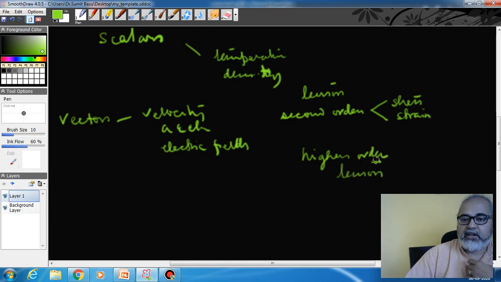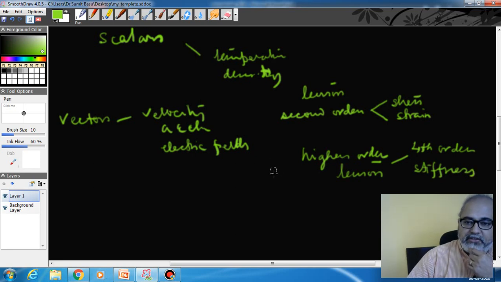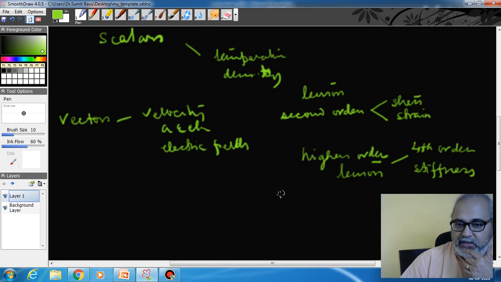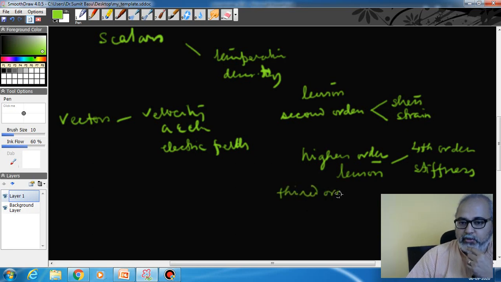Mostly the examples that we will encounter are of fourth order tensors, and elastic stiffness that we will learn about later is one example of a fourth order tensor. We also sometimes deal with third order tensors, though we will not do that in this course.